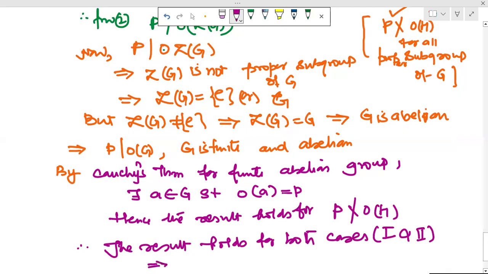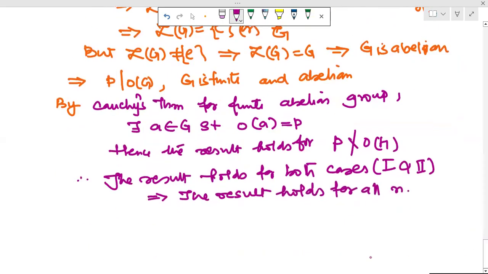This implies the result holds for all n. So this is what we proved, hence proved.